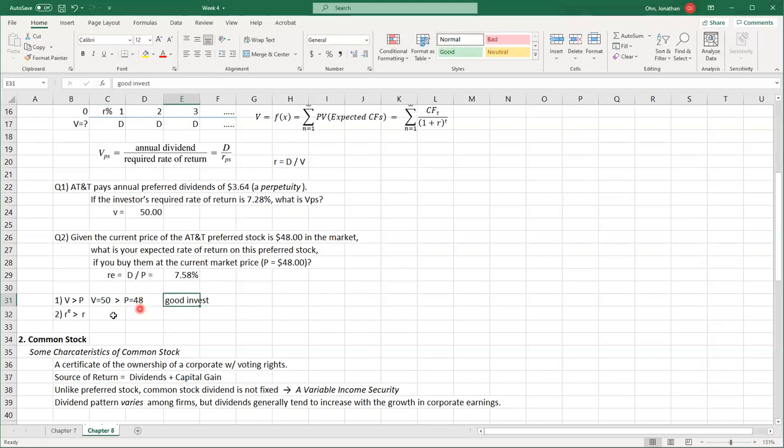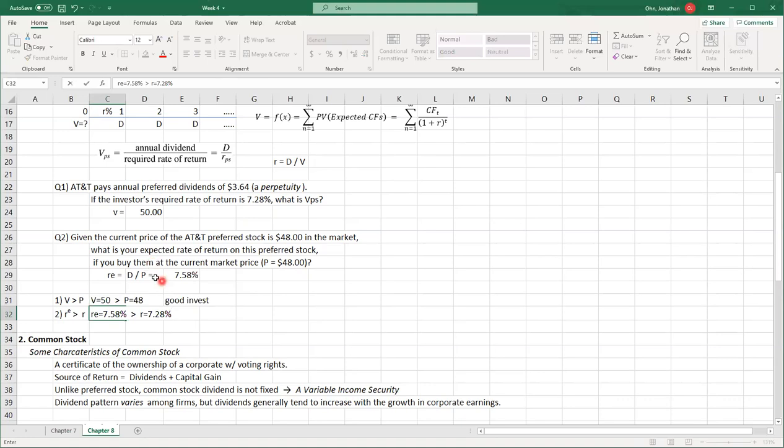The second way is to compare the expected rate of return. Our expected rate of return is 7.58%, and the required rate of return R is 7.28%.